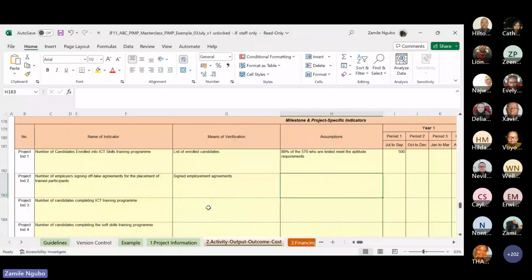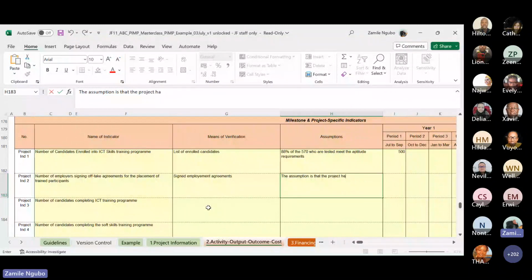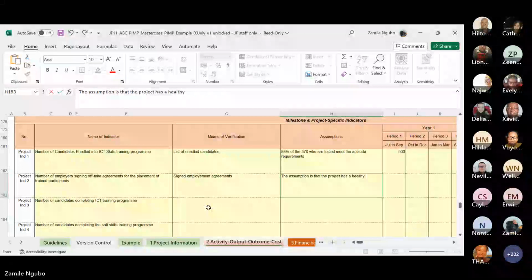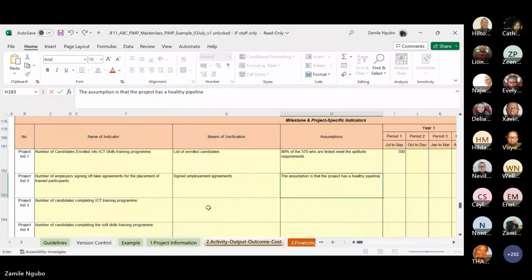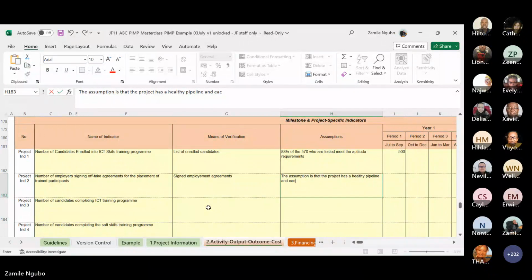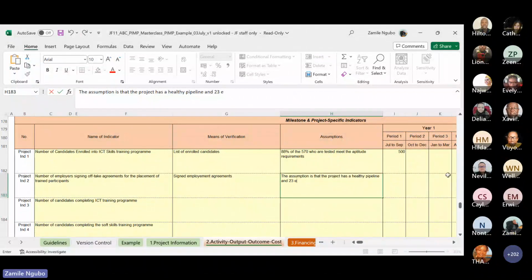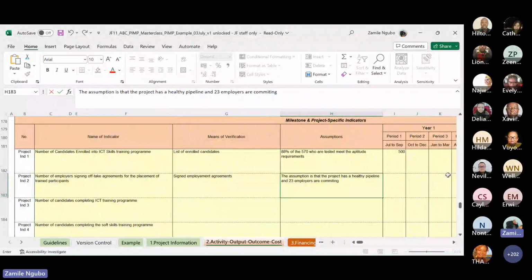So we are assuming that the project has a healthy pipeline and 23 employers are committing to employ an average of 16 participants.